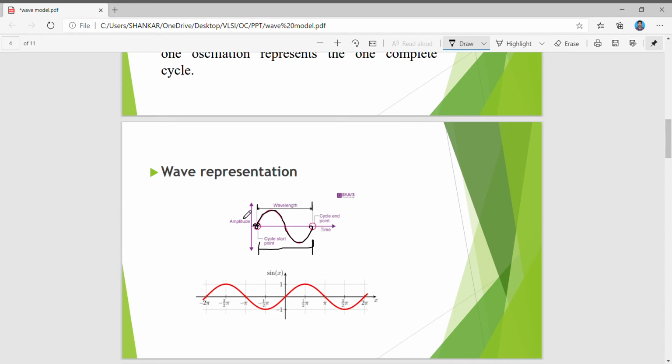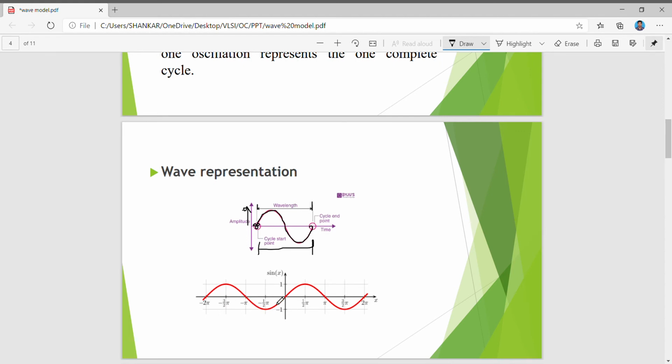The y-axis represents the amplitude, and the x-axis we can represent as time.